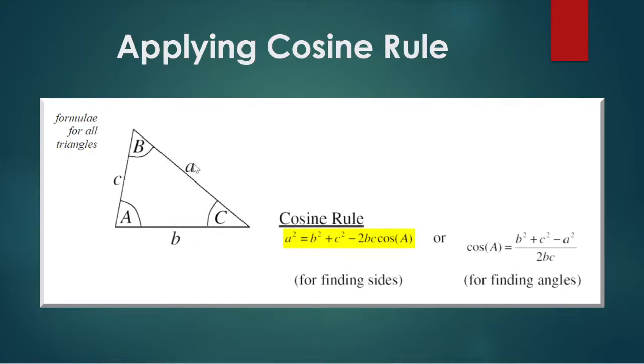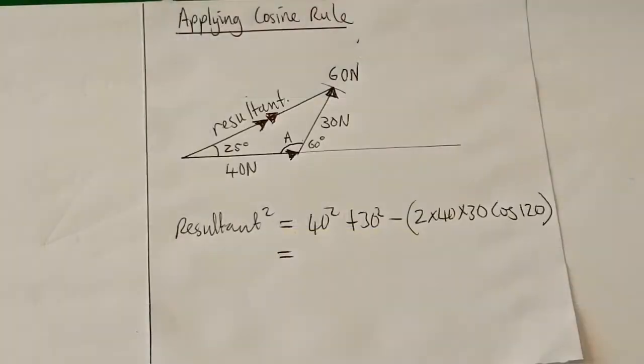So a squared will be equal to b squared plus c squared minus 2bc cos the angle A. So the angle A is opposite the side a. So that's the very same thing that I used here in finding that side.